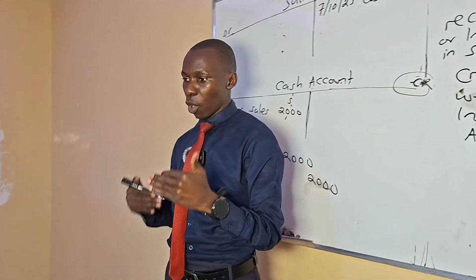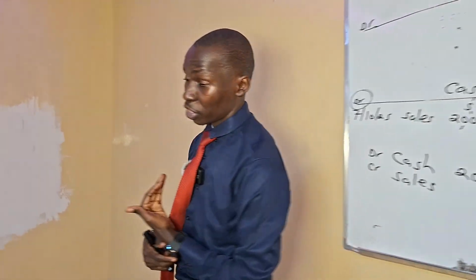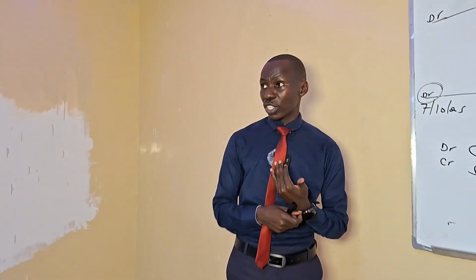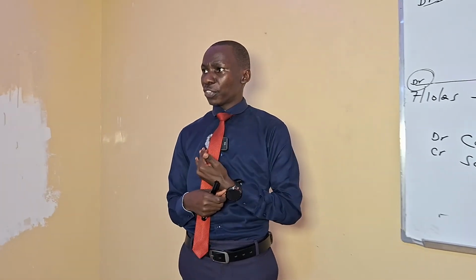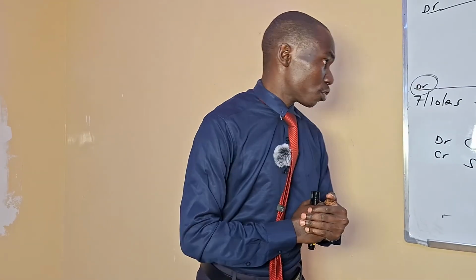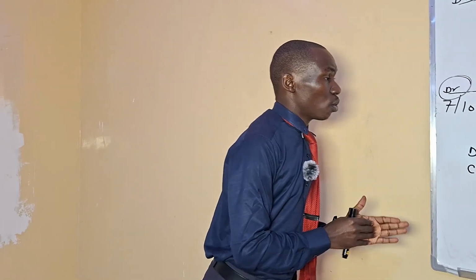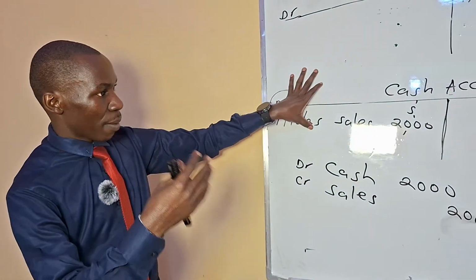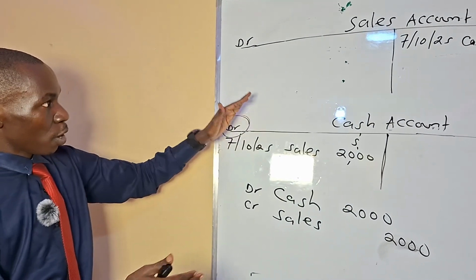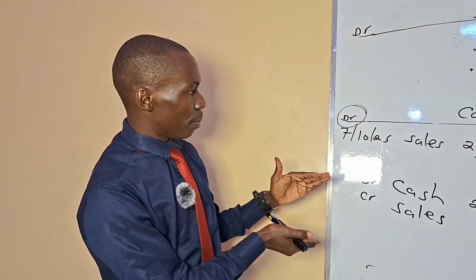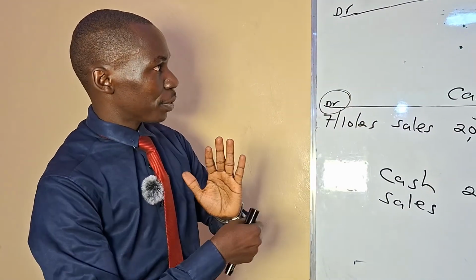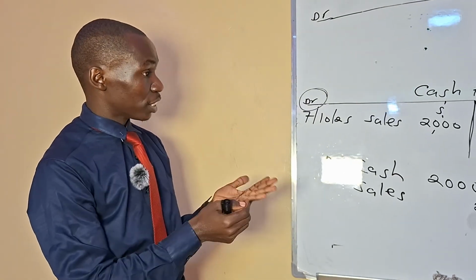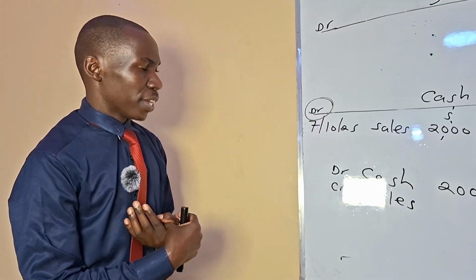As we move on, I will bring in different concepts of accounting, and we shall see that total debit must equal total credit. When we add, if we have several transactions, all total debit entries and total credit entries must be equal. Thank you very much.